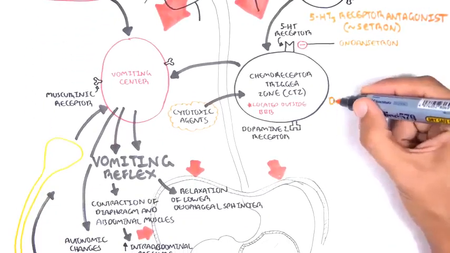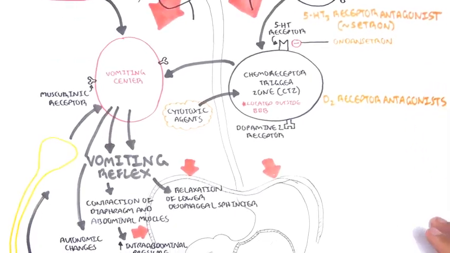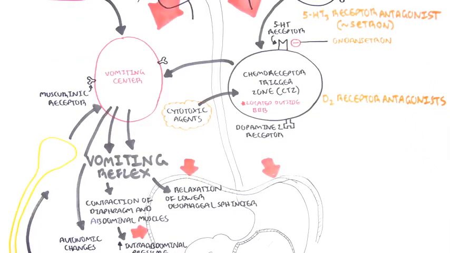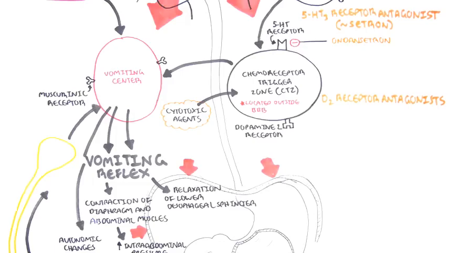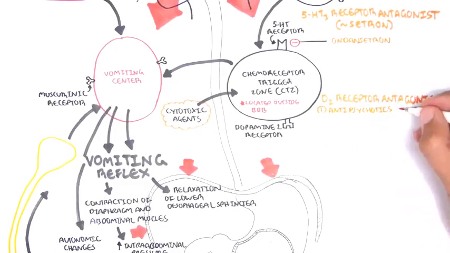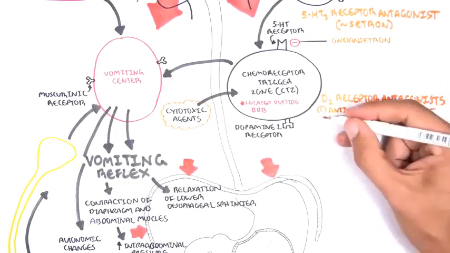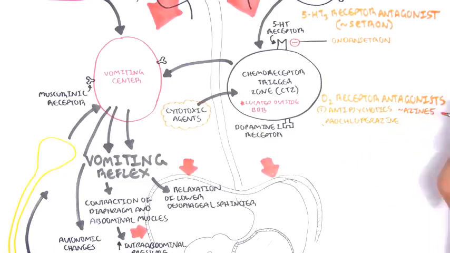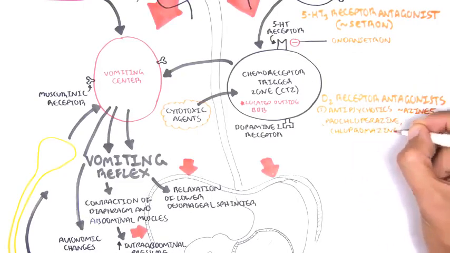Dopamine 2 receptor antagonists work on the chemoreceptor trigger zone and include a variety of subclasses. It's easy to remember this one concept: dopamine 2 receptor antagonists are the same or similar drugs that are used to treat schizophrenia or psychosis. These can be subdivided into a few groups. The first group are the antipsychotics that end in azines, for example, prochlorperazine and chlorpromazine.